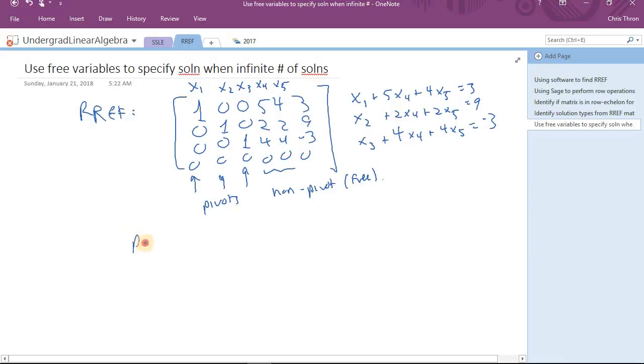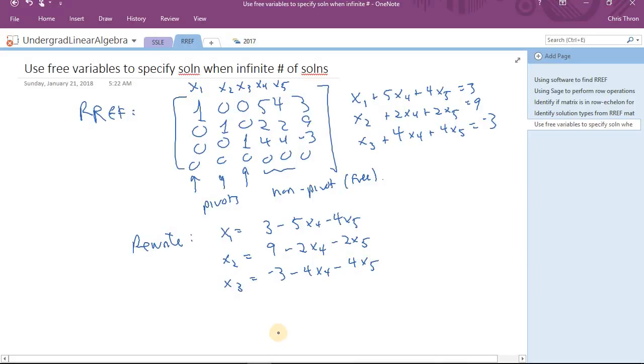So we rewrite in this way as x1 equals 3 minus 5x4 minus 4x5. Then this one, x2 is equal to 9 minus 2x4 minus 2x5. And then this one, x3, is equal to minus 3 minus 4x4 minus 4x5.